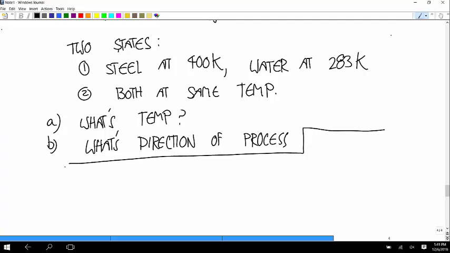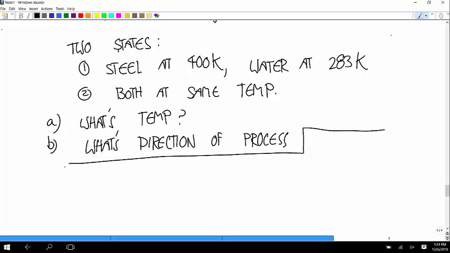It's a simple thing to understand. Heat transfers from the higher temperature thing to the lower temperature thing until there's no difference between them. So this isn't a case where it's really necessary to use the entropy production to figure out the directionality, but this will show the approach that you'd use in a more complicated problem.